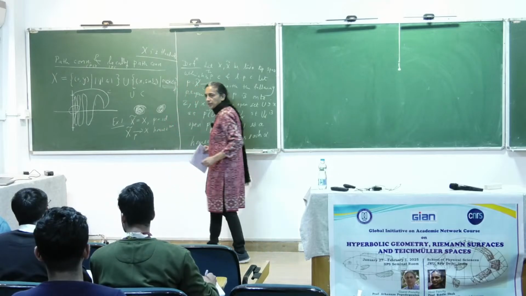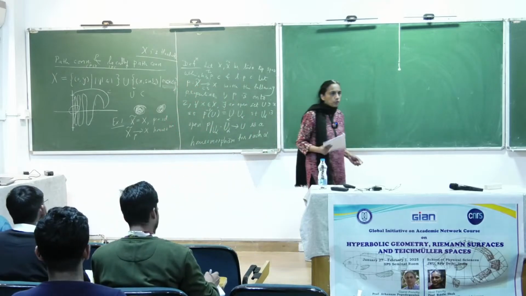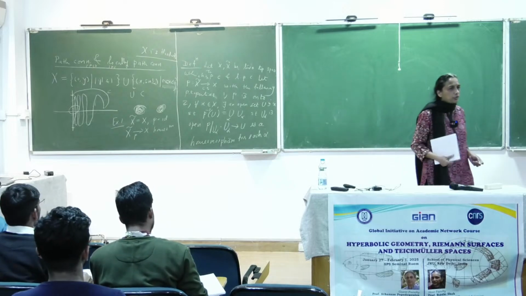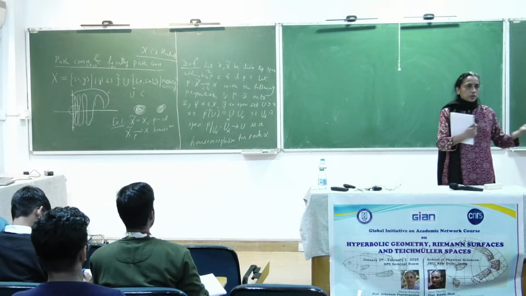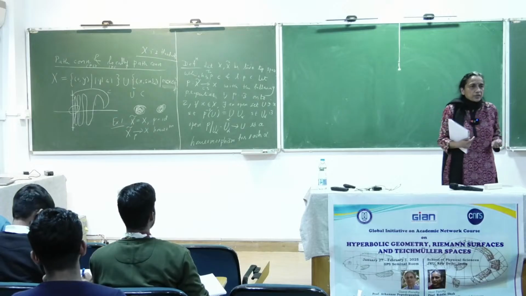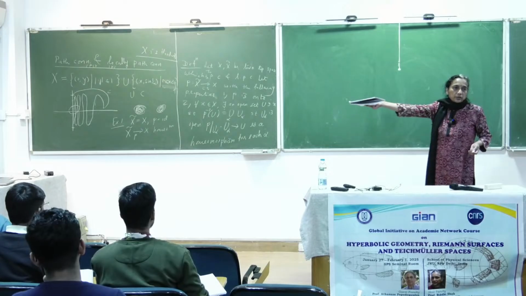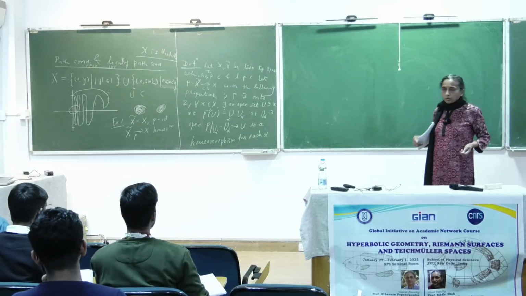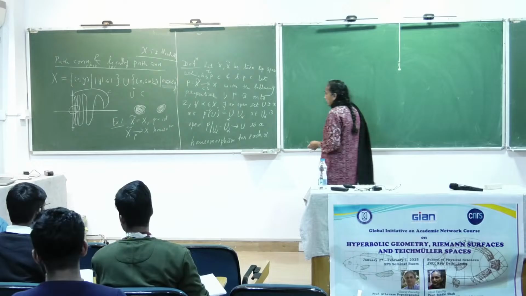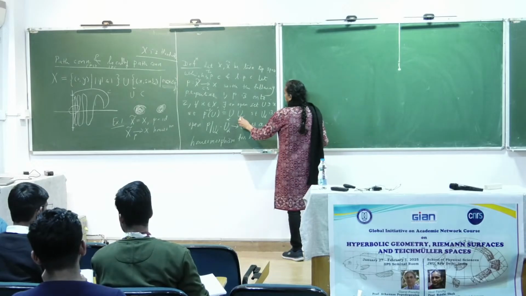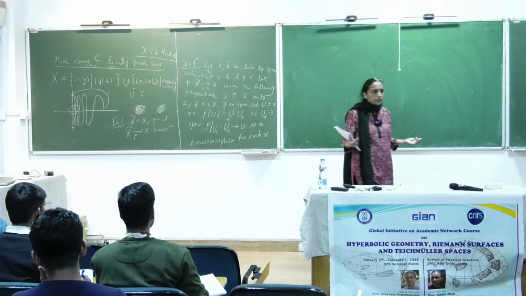So these are trivial examples. We are looking for something more than that. If you take any homeomorphism from another space to X, then obviously it is satisfied because you can take any neighborhood and its inverse image. These could be many, but 1 or 2 or n or infinitely many.